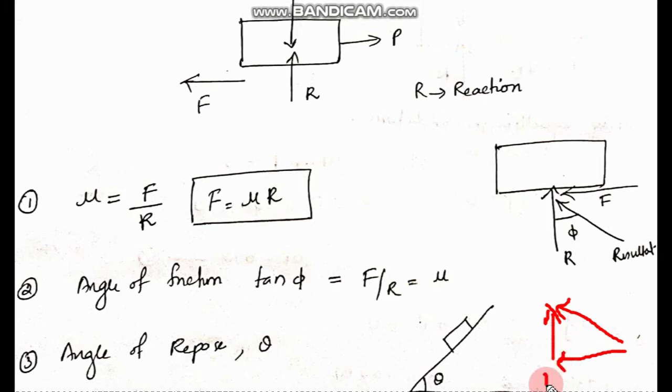I have just drawn the friction downward, there is nothing much I have done there. It was at the top, and I have drawn it down so that it forms a triangle. This is the resultant, I will write R for now for resultant. And so this angle is phi, correct? This angle is phi.